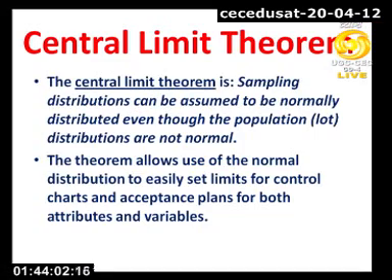But variables, the items which can be measured by using a scale, these are called variables. We have two types of variables, attributes and variables, and then two types of control charts also for controlling the quality of these attributes and variables.